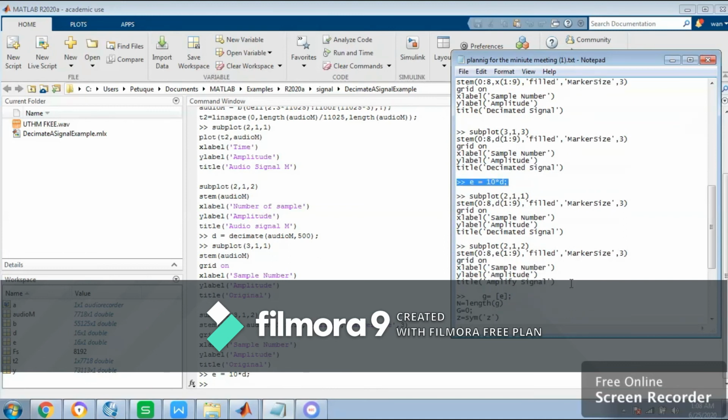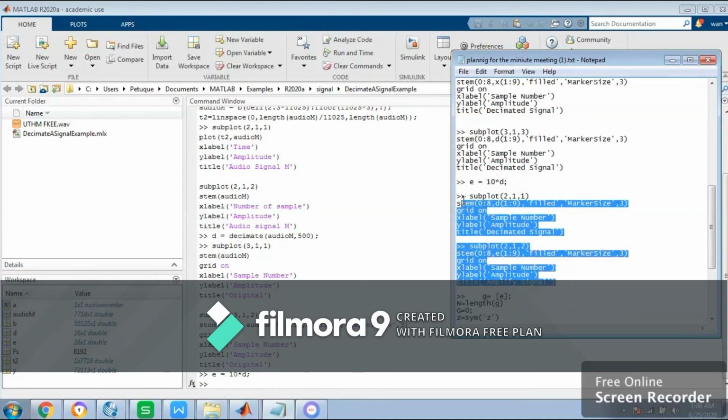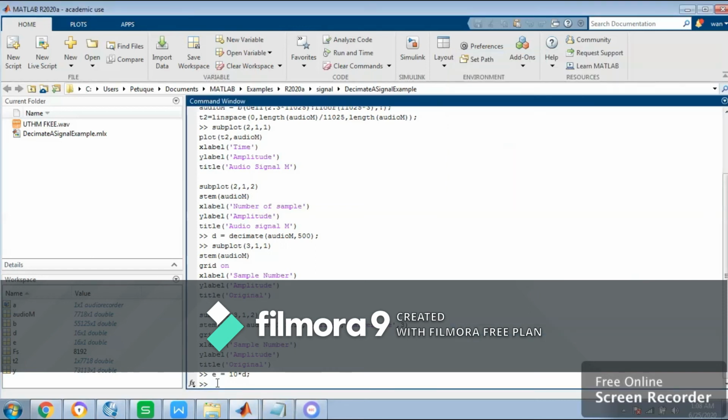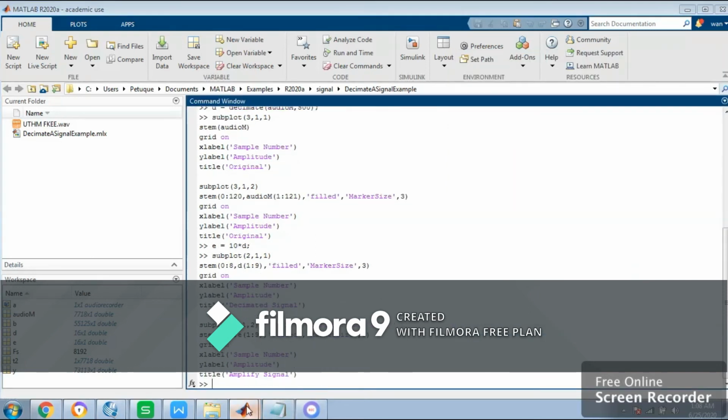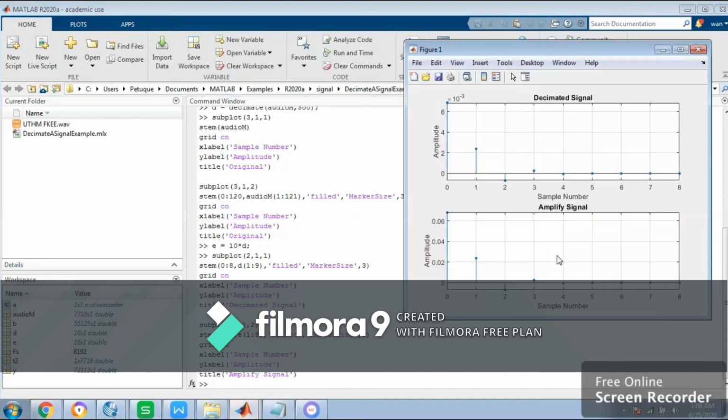Then we're going to plot the amplified signal. From this we can see that this is the decimated signal and this is the amplified signal. So there are two graphs.